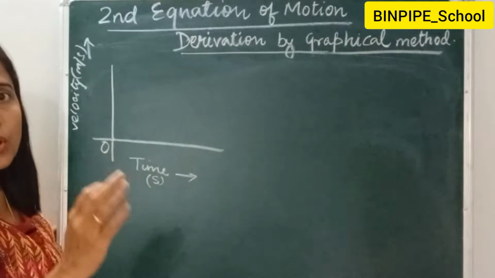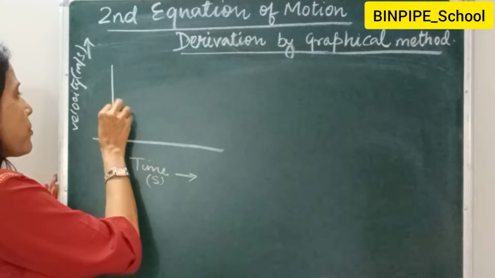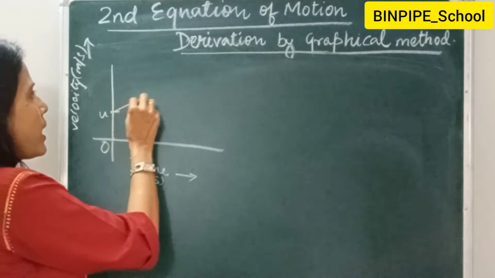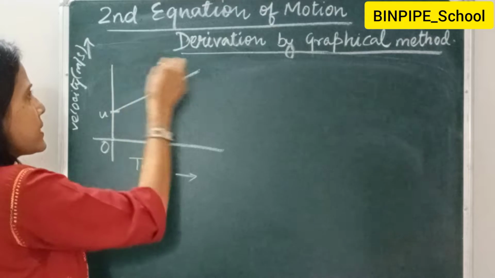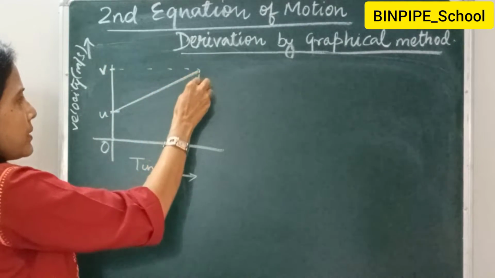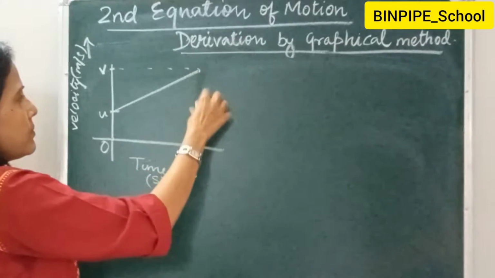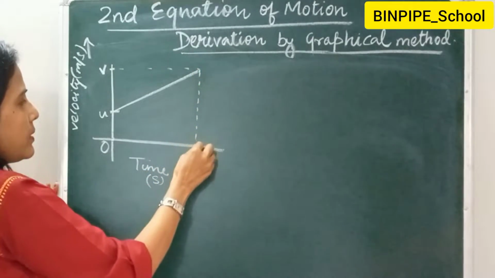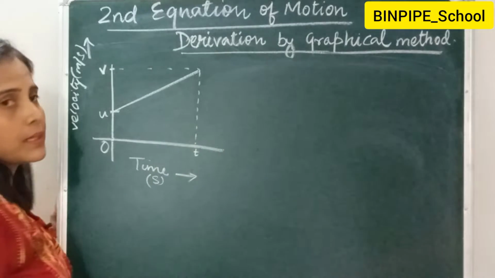Now suppose a body starts its motion from initial velocity u and attains a final velocity v at time t taken. Suppose it takes a time t.